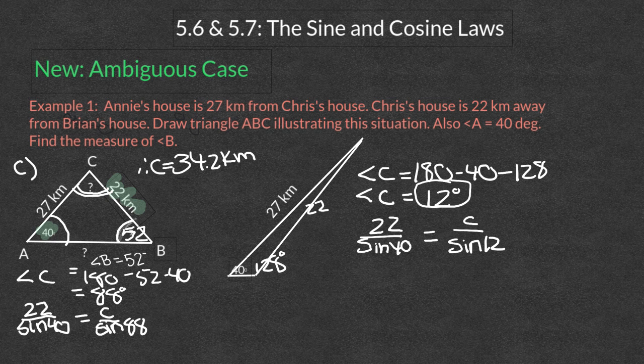You do your cross multiplication to isolate C, and this time you get side C to be 7.1 kilometers. So we have two triangles from one question, and that's because we were not given the contained angle, and we had to use the sine law. When you use sine and you get a positive, you can go back and review that if you need to. You have two possible scenarios.